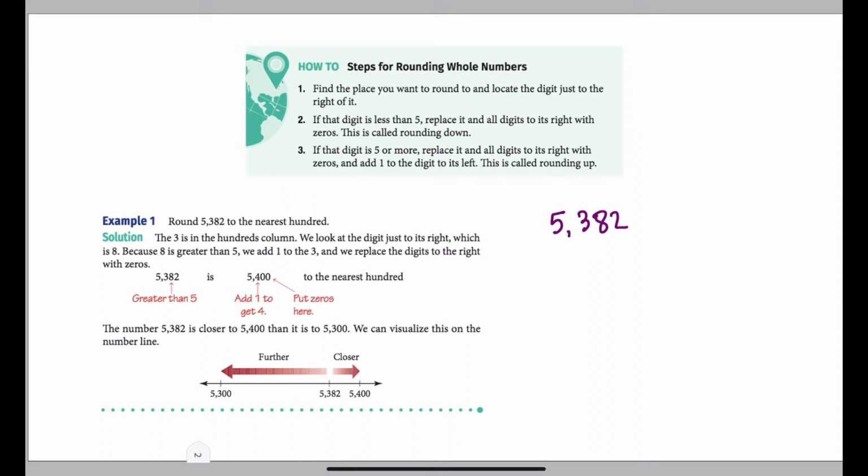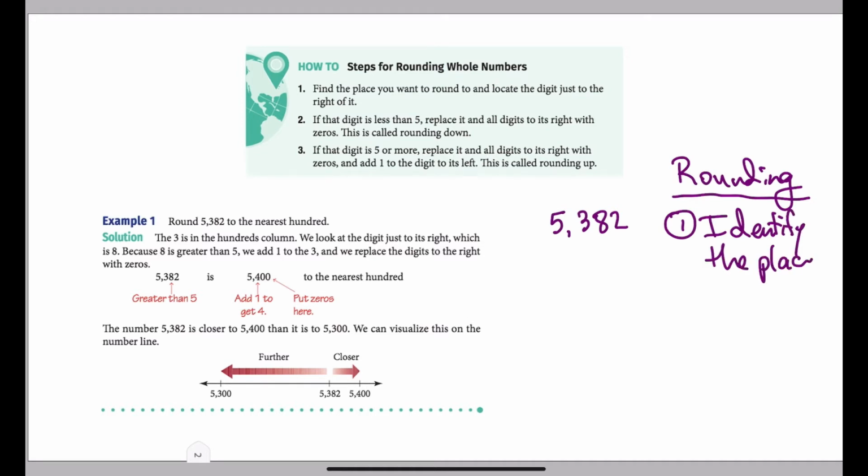So the first step when I'm rounding is I identify the place value that I want to round to. So in this case, I want to round to the nearest hundred.